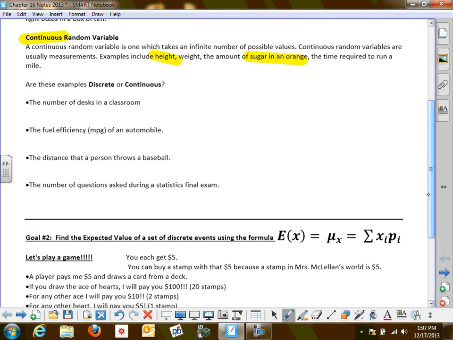So, here are some examples. Let's run through these really quickly. Are these an example of discrete or continuous? Number of desks in a classroom. Good, that's a distinct set amount, countable. The fuel efficiency of an automobile. Continuous. The distance that a person throws a baseball.